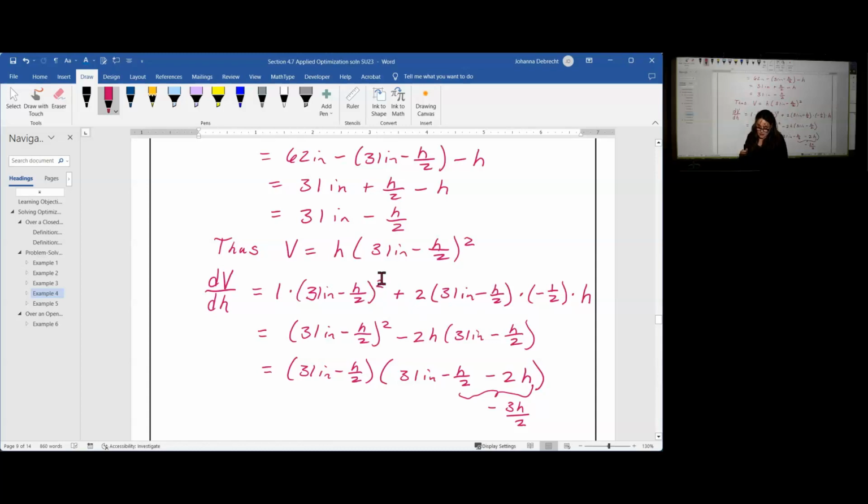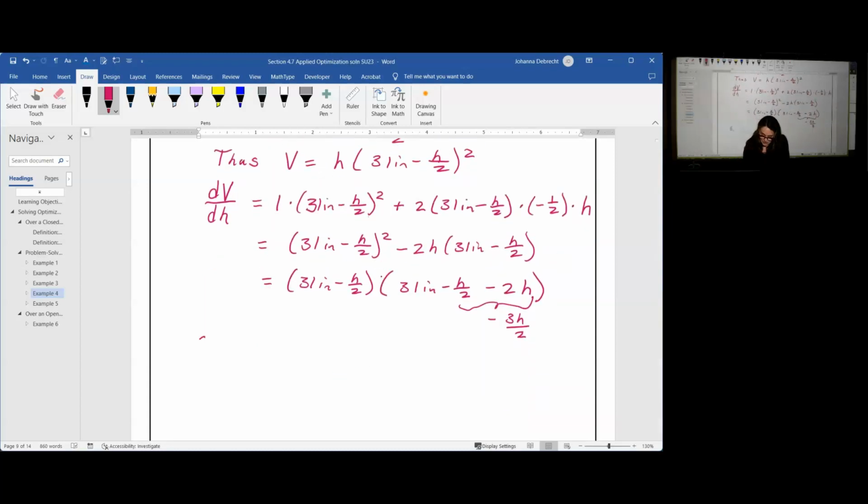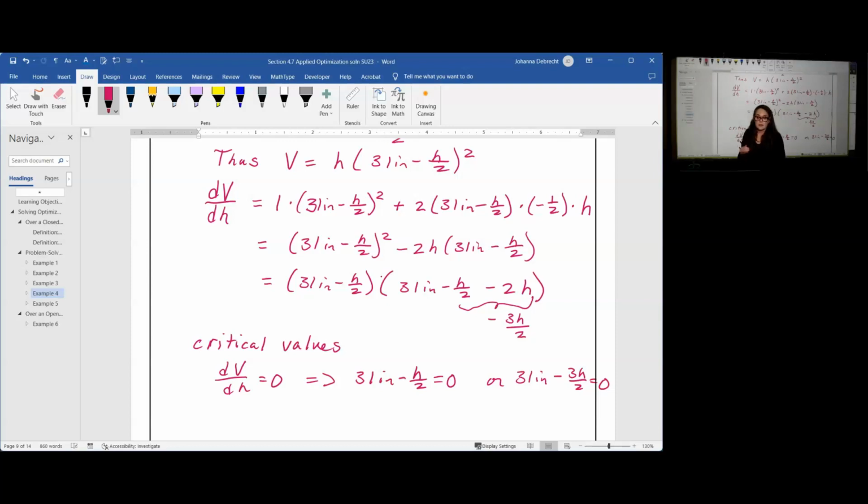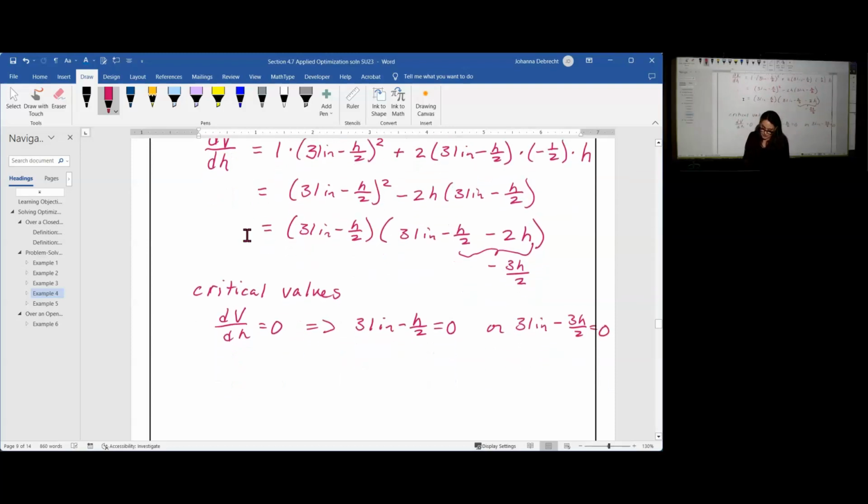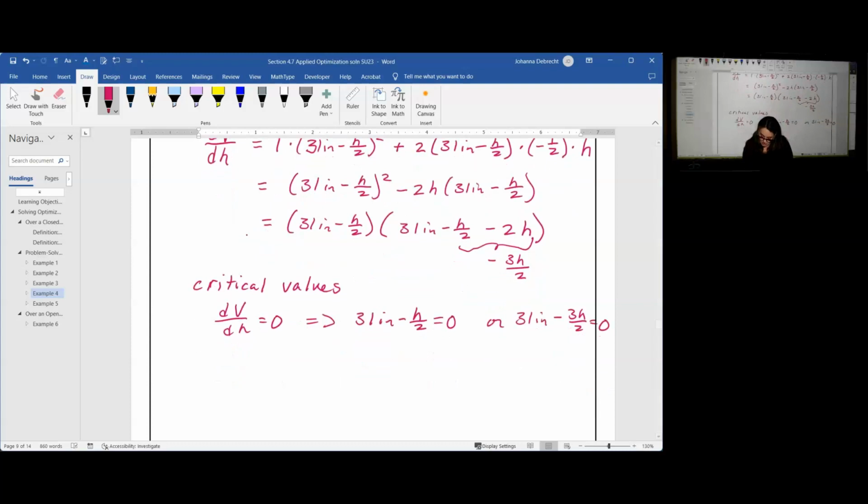Okay. Now to find the critical values. This implies that 31 inches minus H over 2 is equal to 0, or 31 inches minus 3H over 2 is equal to 0. In both cases, we know that the derivative is defined everywhere on our domain. Let's now solve for H out of each equation.